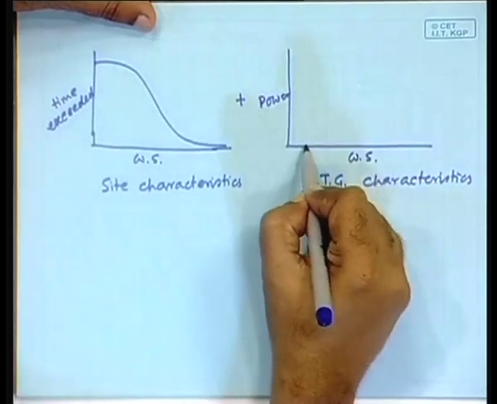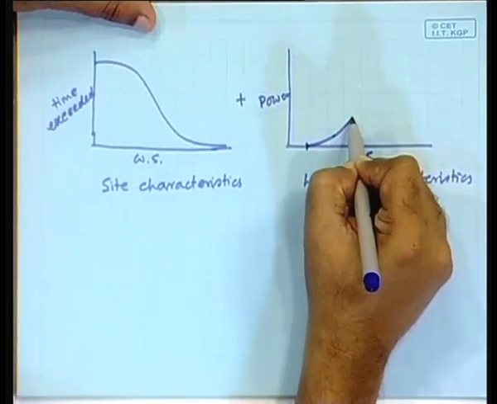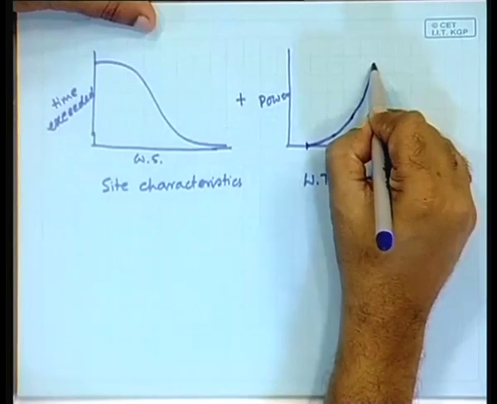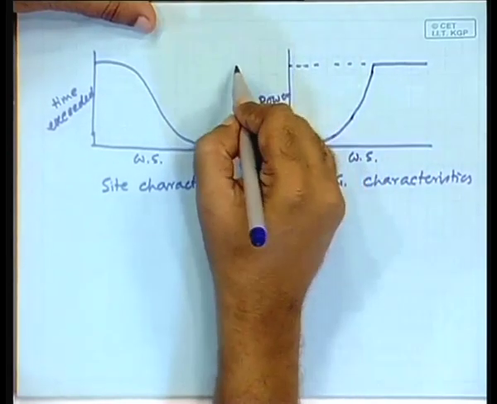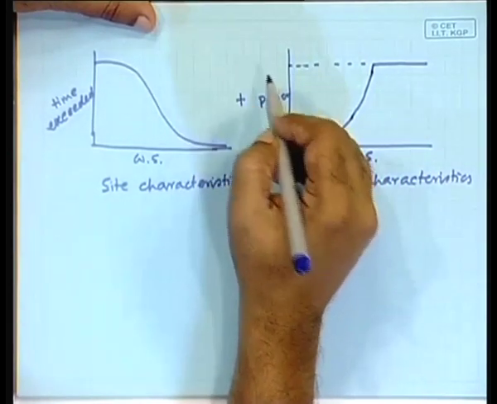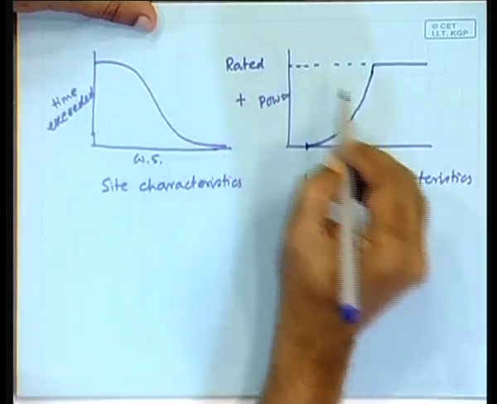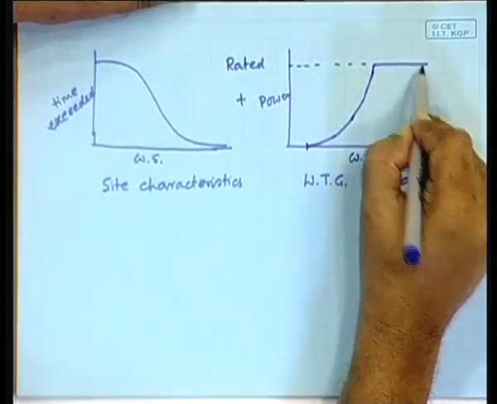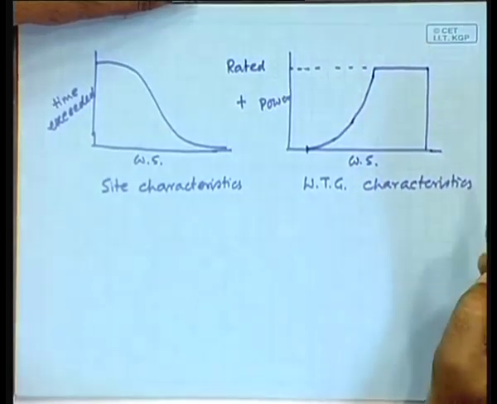And this characteristic, as I told you, starts from the cut in speed, goes up as a cube of the wind speed for some range, and then when it reaches the rated power of the turbine, it is made flat till the furling wind speed.